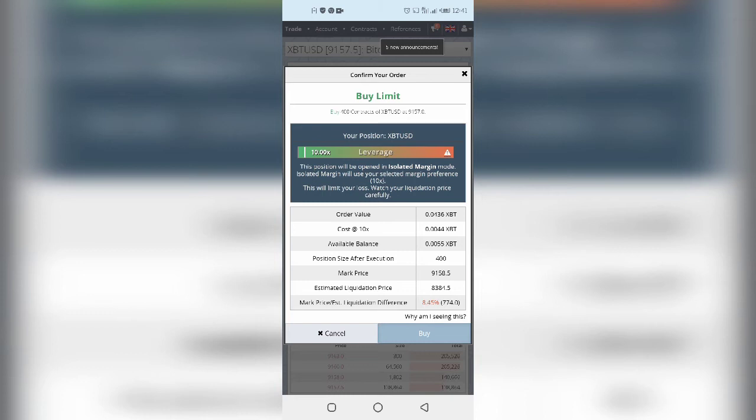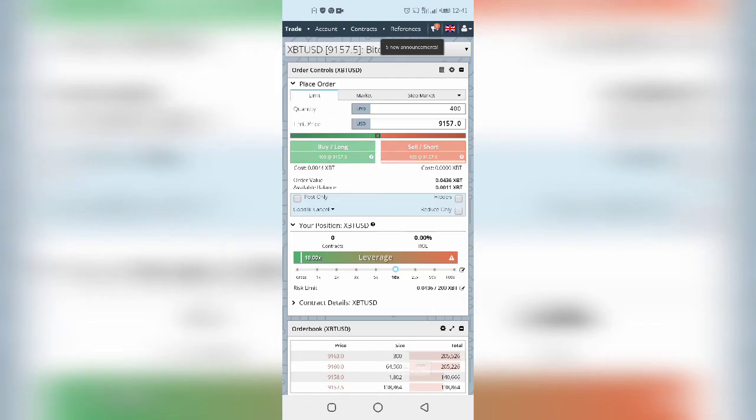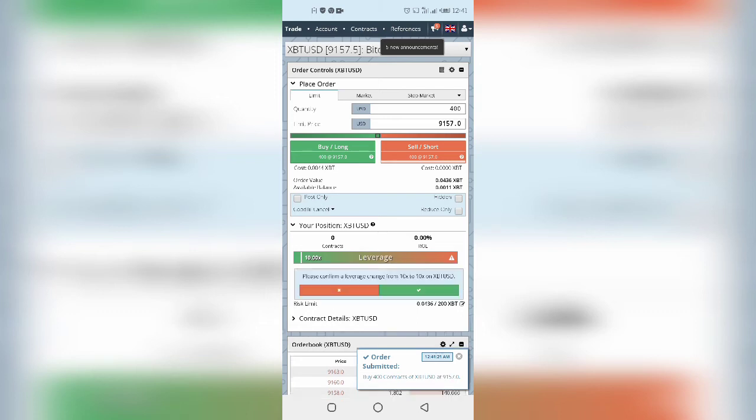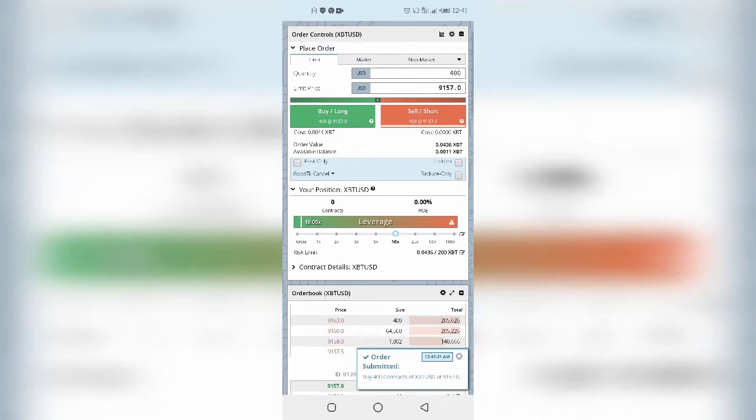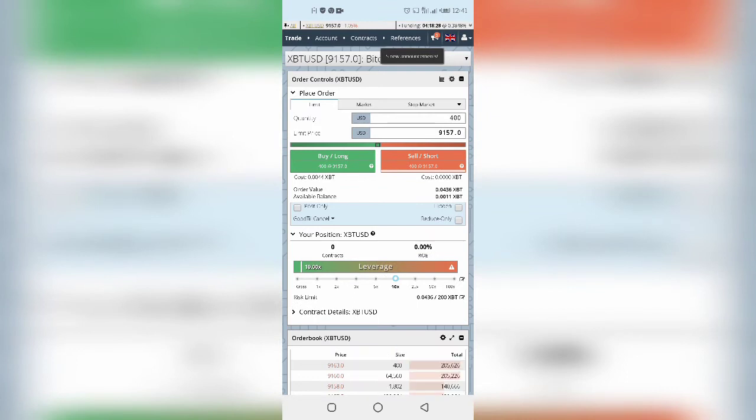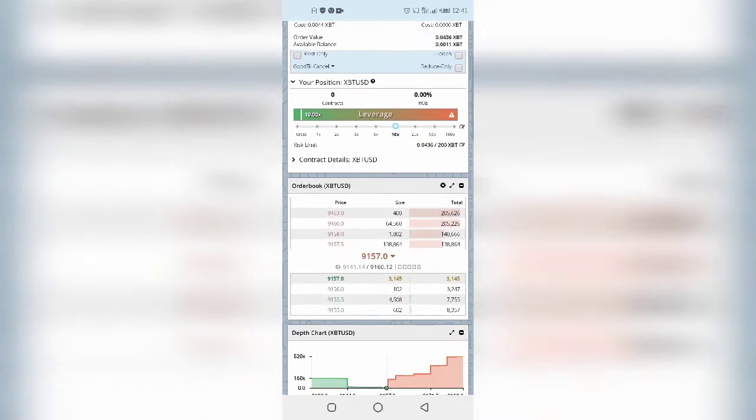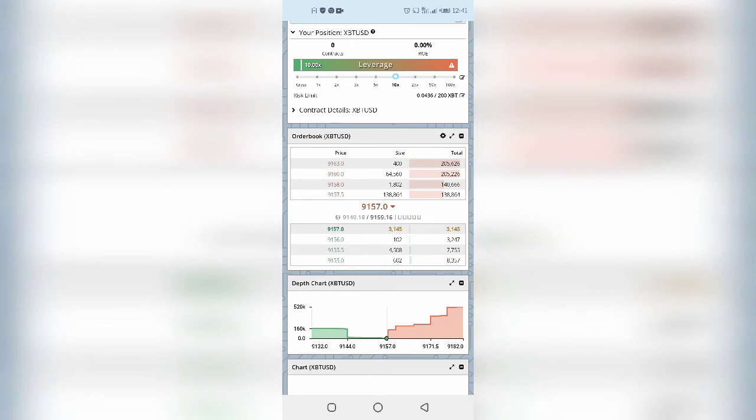So now let's buy. This is not going to execute now. Order submitted. It's not going to fill now because of the price. You're seeing last price, index price, and current market price.